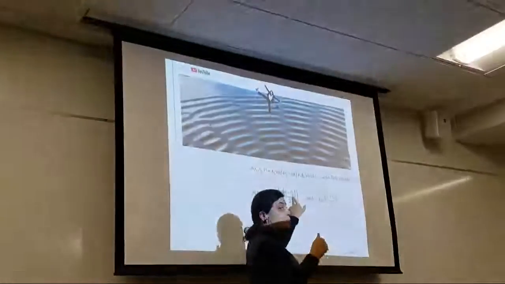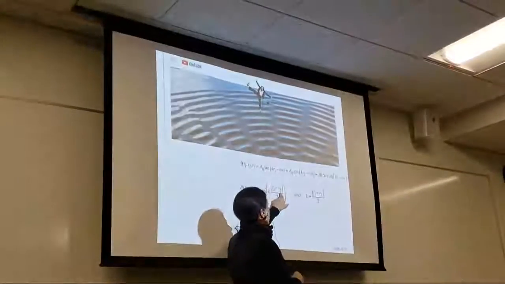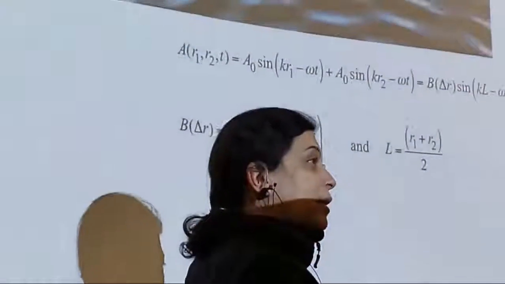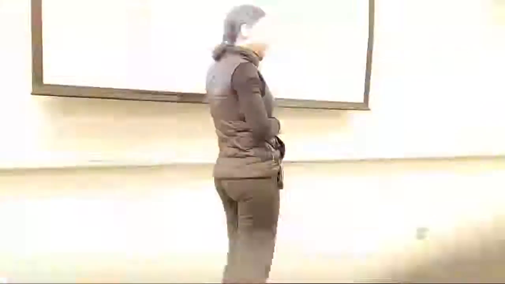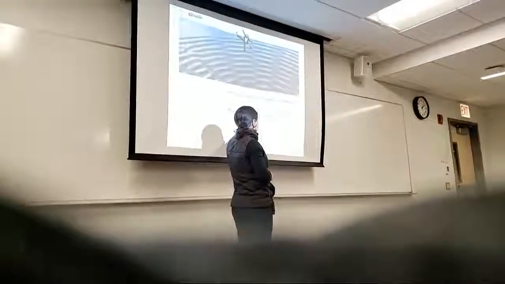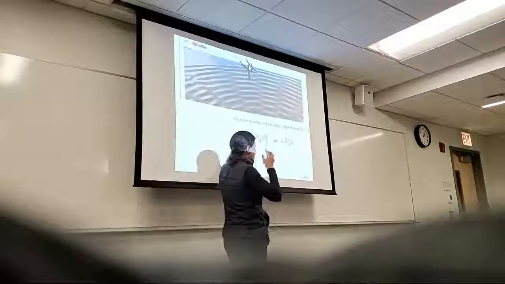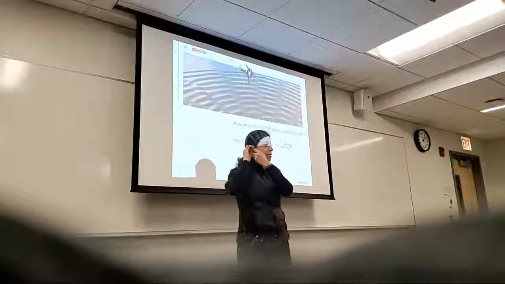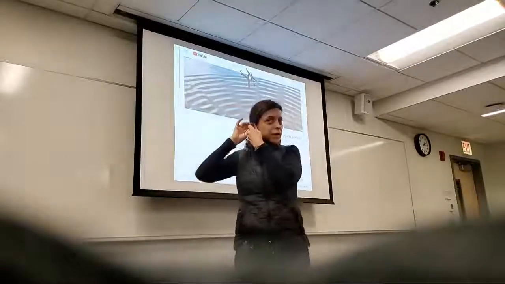R2 is the distance between source 2 and me. So the difference, which I call the difference in path length, corresponds to my amplitude. Note that it doesn't depend on time. It just depends on where I am, okay?